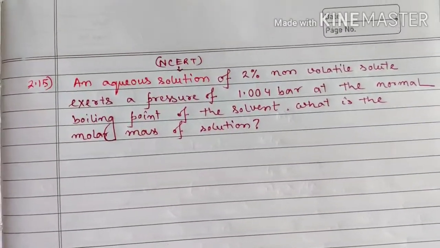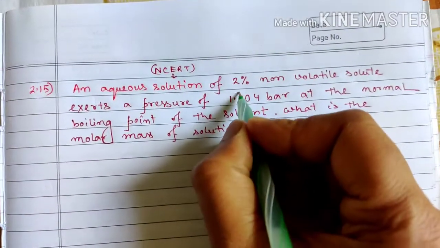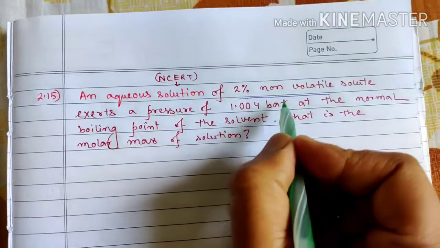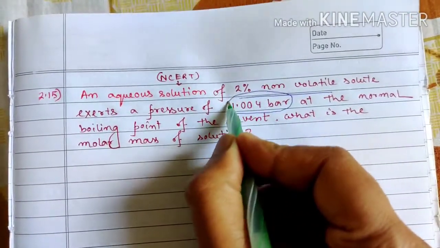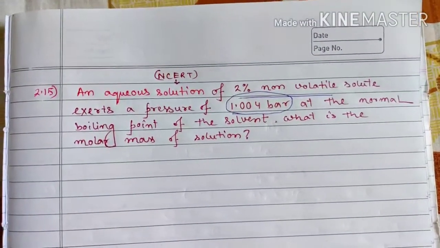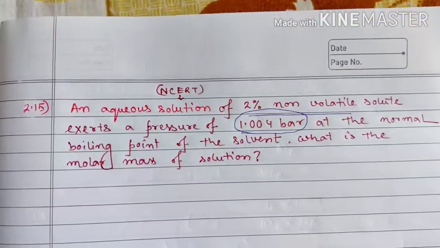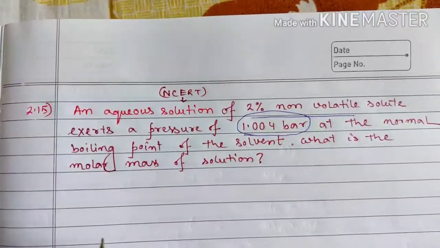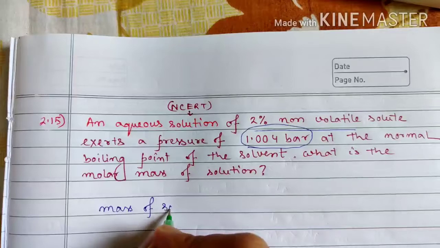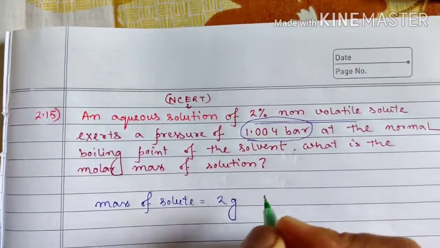The question is, an aqueous solution of 2% non-volatile solute, this is important, 2% non-volatile solute exerts a pressure of 1.004 bar at the normal boiling point of the solvent. What is the molar mass of the solute? Since it is given that it is a 2% non-volatile solute, we can consider that the mass of solute is 2 gram.